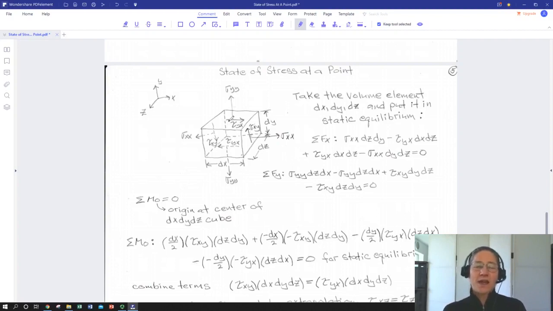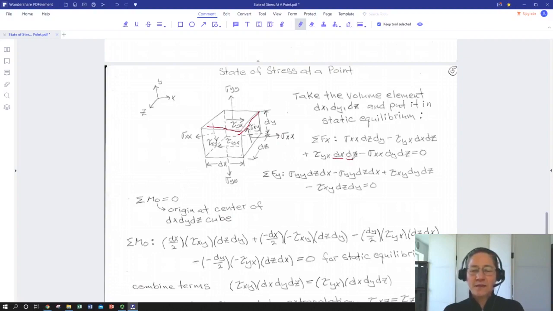Then I'm going to add tau yx, which is pointing in the positive x direction, and it's being applied on a face that is dx times dz.